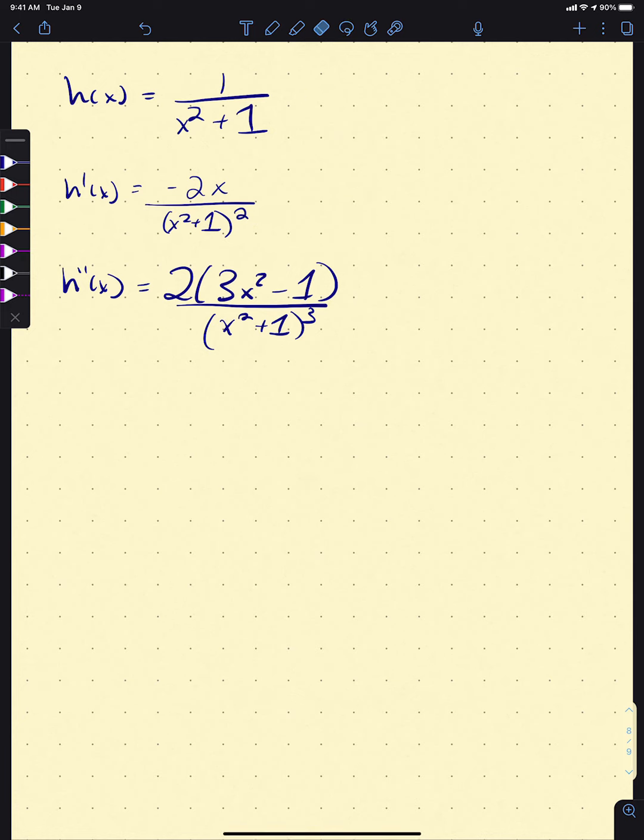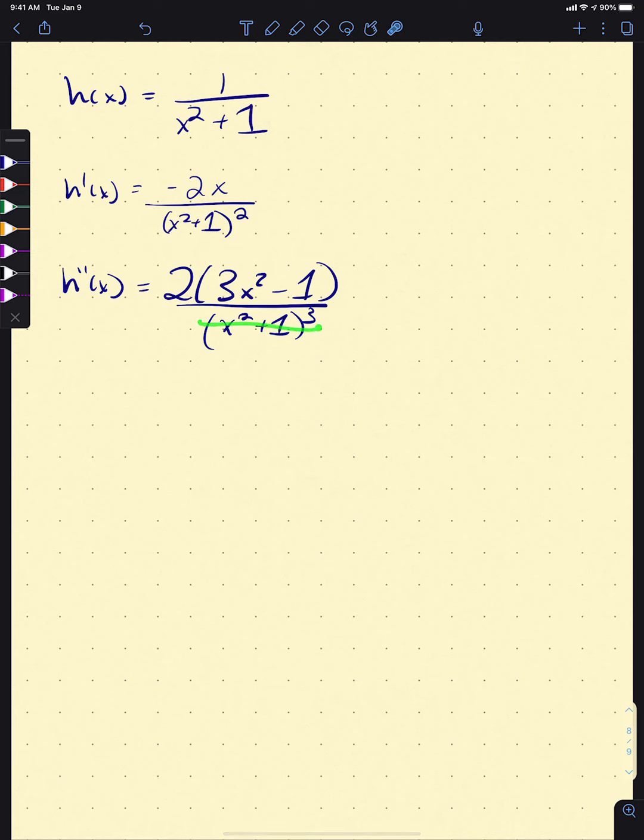So what do we know? Well, in order to use the second derivative, we need to look for the places where it's equal to 0 or it does not exist. This is always going to exist, because we don't consider the complex numbers ever in this class.